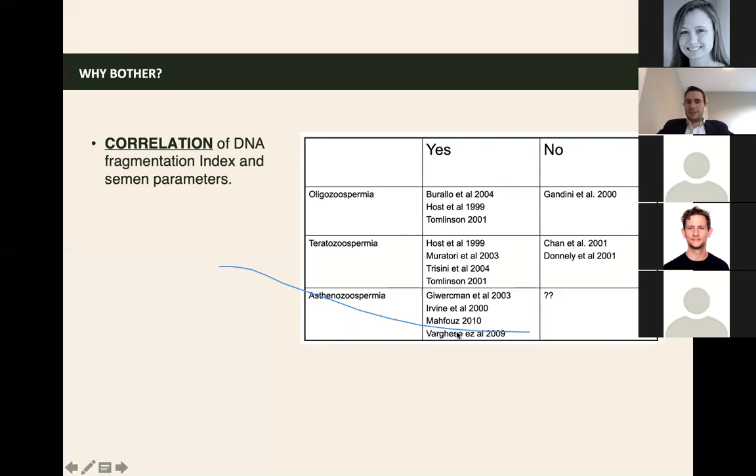However, as you can see, the number of studies in the left column is way higher. So this is why people are understanding and believing that DNA fragmentation index is a manifestation of poor parameters, and this would give a man a lower probability to conceive, either naturally or using assisted reproductive therapies, such as IVF or IUI.